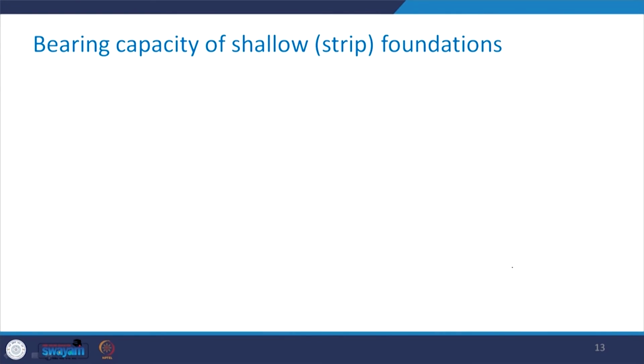So therefore our Q ultimate would be CR into NCS. That was the first equation that we wrote.